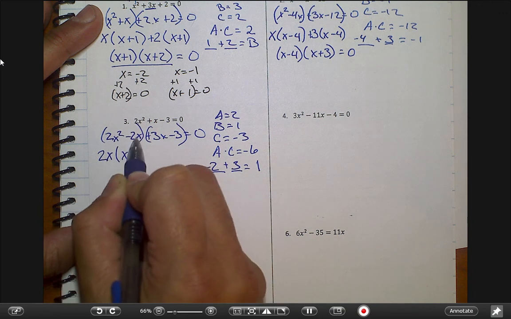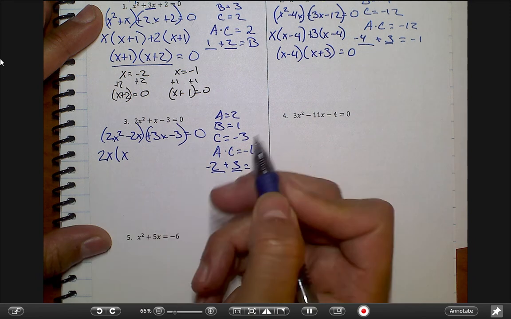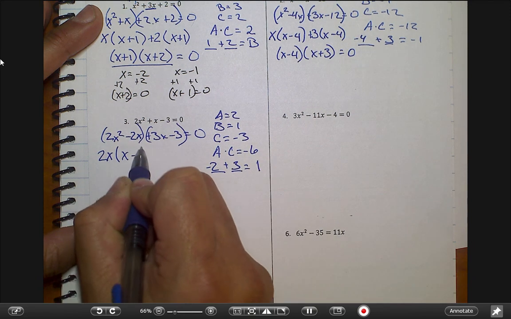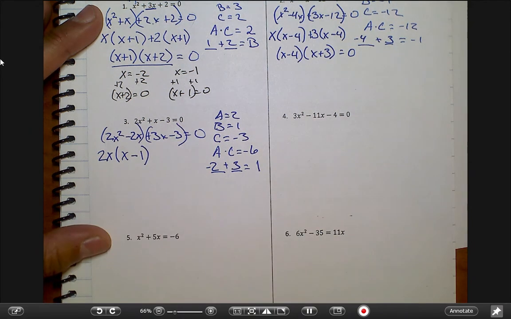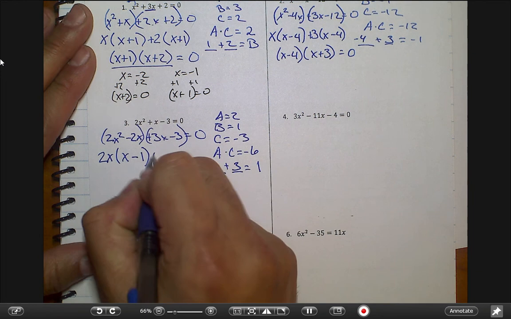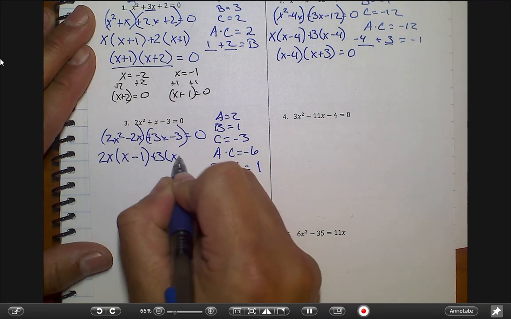And then 2x minus, 2x divided by 2x is 1. So that means I'm going to have minus 1, right? All right, from that next group, what am I taking out? 3. Okay, remember, you have to put the sign. Positive 3, right? And I'm left with x minus 1, right?